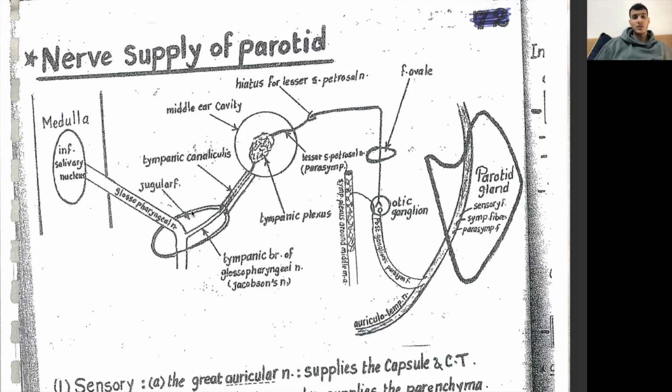The glossopharyngeal nerve passes through the jugular foramen first, gives off the tympanic branch, which passes through the tympanic canaliculus to reach the tympanic plexus inside the middle ear cavity, to reach the lesser petrosal nerve that then passes through the foramen ovale to reach the otic ganglion. From there, the postganglionic parasympathetic fibers from the otic ganglion join with the auriculotemporal nerve to innervate it and tell the parotid gland what to do.